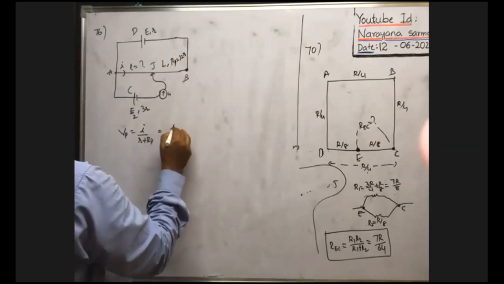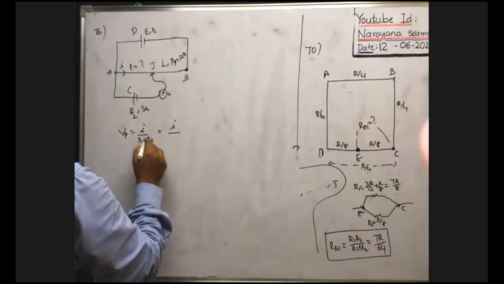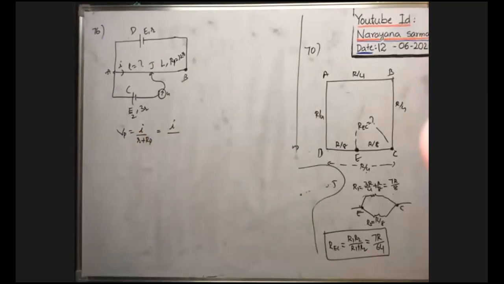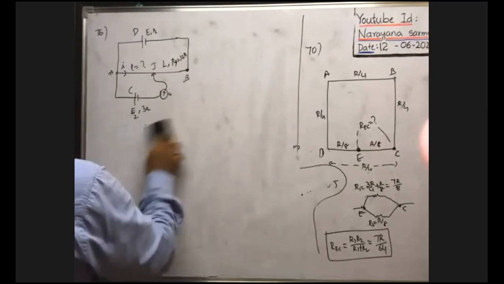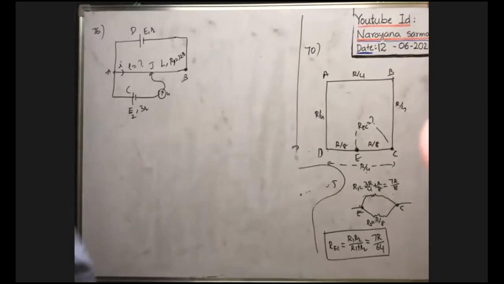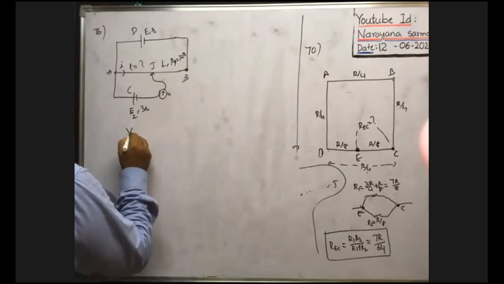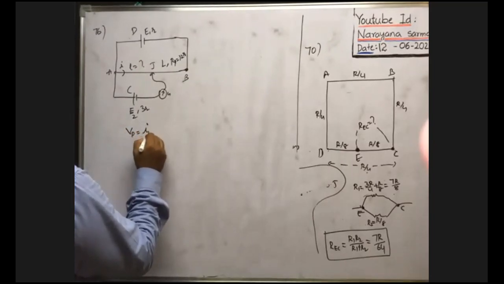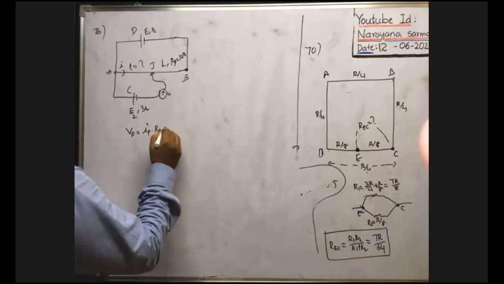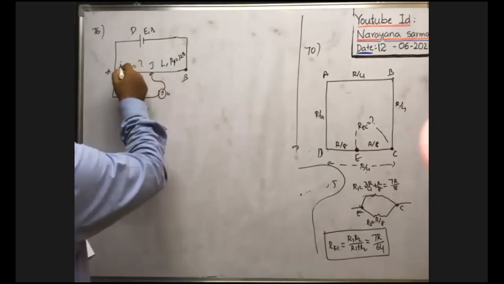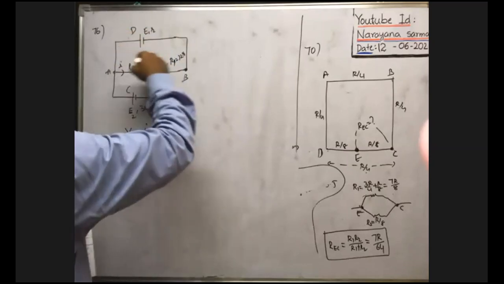So V is equal to the current passing through the potentiometer wire into the resistance of the potentiometer wire. The current passing through the potentiometer wire is the current passing through the entire circuit only.